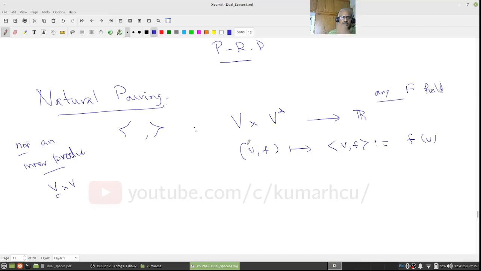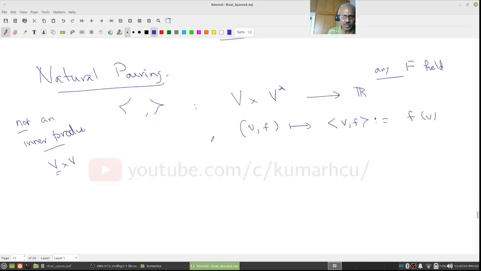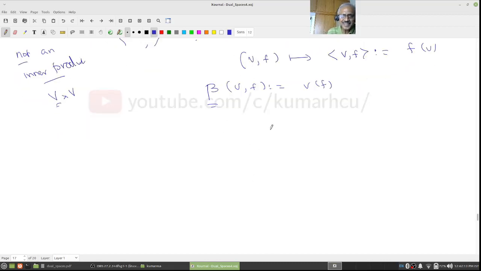Therefore this is not an inner product, but I am just using that symbol. If you want, you can also use beta: beta of (v, f) is <v, f>. I will say why I use this symbol. This is because this map beta is bilinear. That is why I use the inner product symbol.